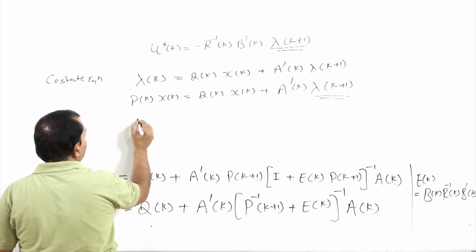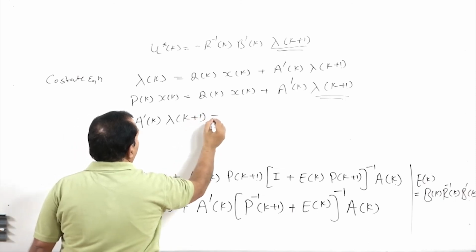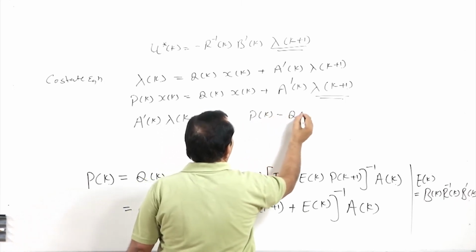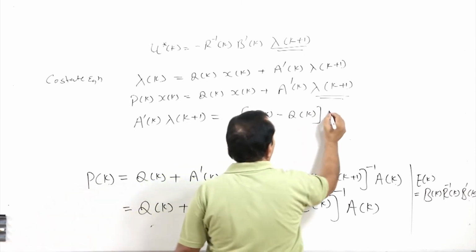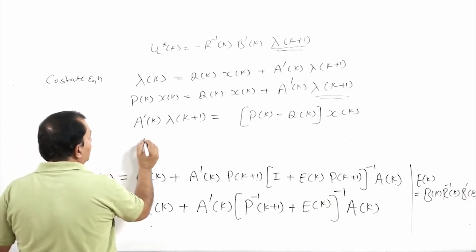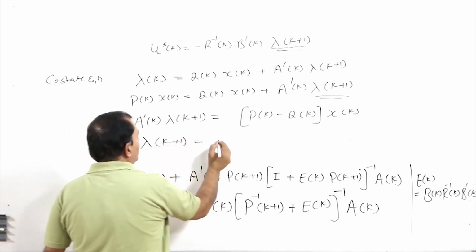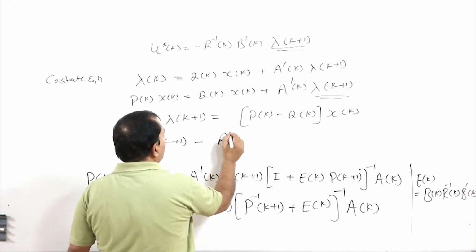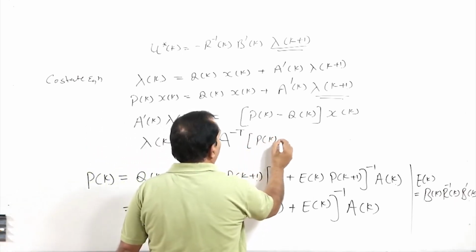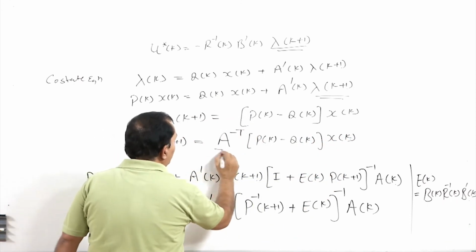If I write A transpose k lambda k plus 1 as pk minus qk xk, then lambda k plus 1 is nothing but A minus T pk minus qk xk. So, what is this A minus T?